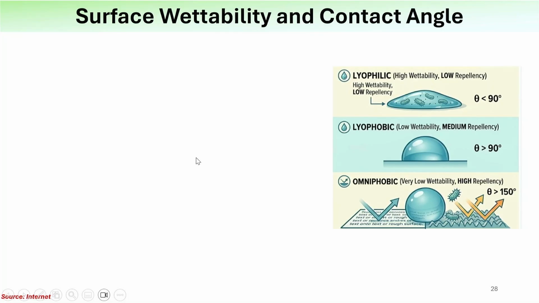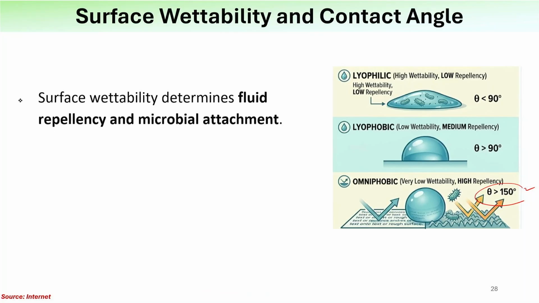So, surface wettability is important. If we want a super hydrophobic material, the contact angle should be more than 150, which is required. Surface wettability determines the fluid repellency and microbial attachment.